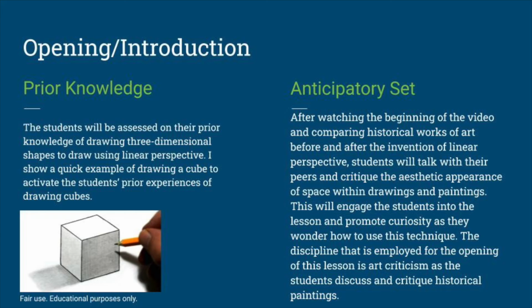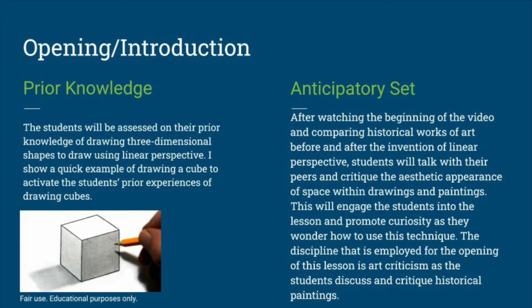So for the prior knowledge of the introduction, the students will be assessed on their knowledge of drawing 3-dimensional shapes to draw using linear perspective. I show a quick example of drawing a cube to activate the students' prior experiences of drawing cubes.